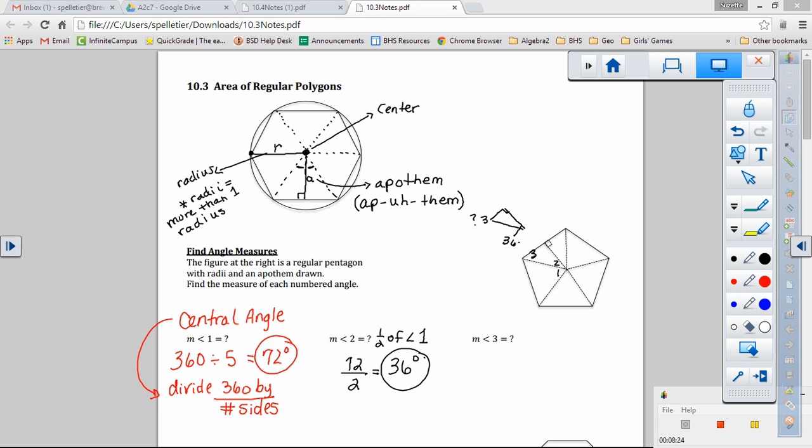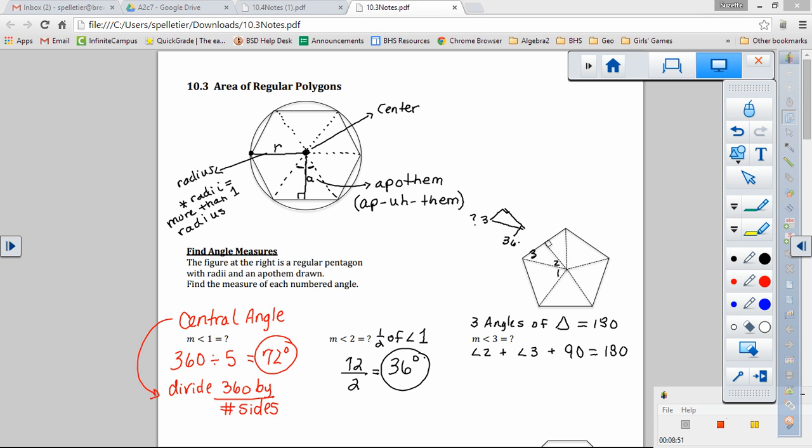So what do I know about the 3 angles of a triangle? The 3 angles of a triangle equal 180 degrees. So I'm going to do angle number 2 plus angle number 3 plus that 90-degree angle that I have, and that should equal 180.